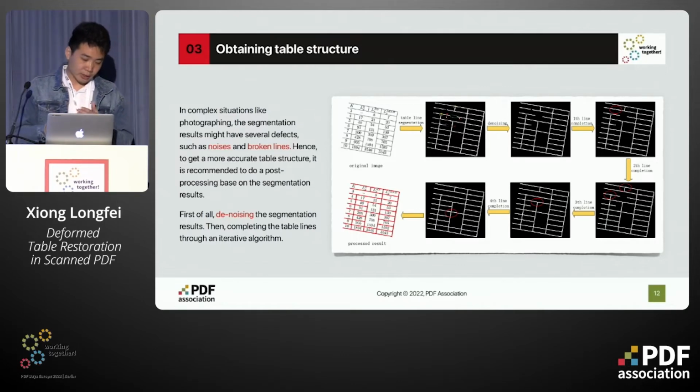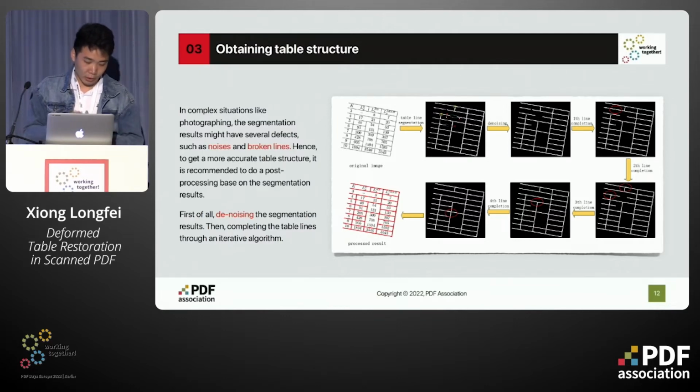When actually taking pictures, there will be various complex backgrounds and uneven lighting, which cause the results of table line segmentation to be not that good. And there will be incomplete line segmentation and broken lines. In order to restore the table structure more accurately, we adopt post-processing.